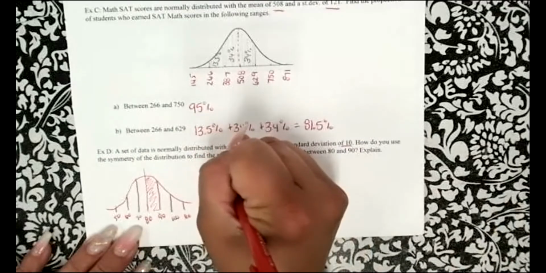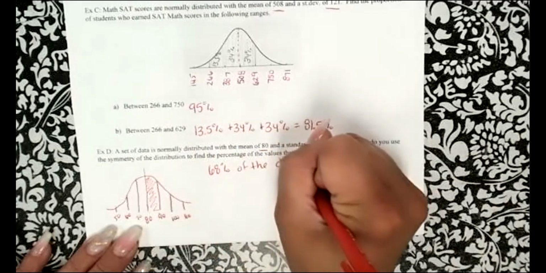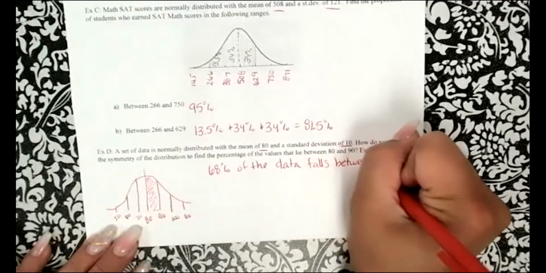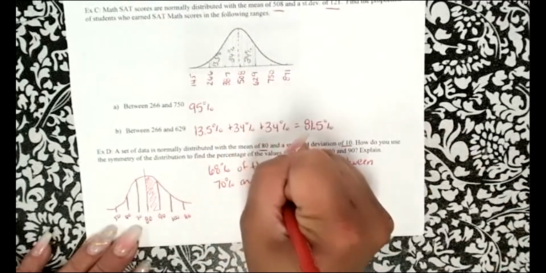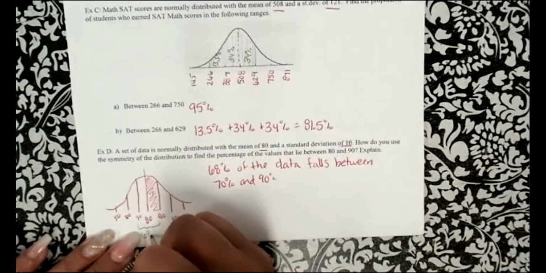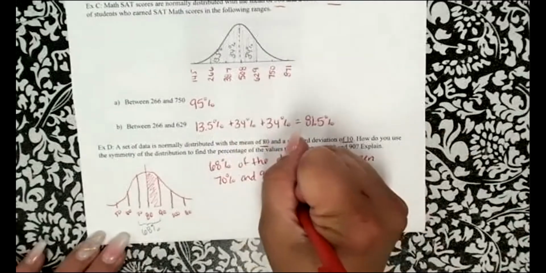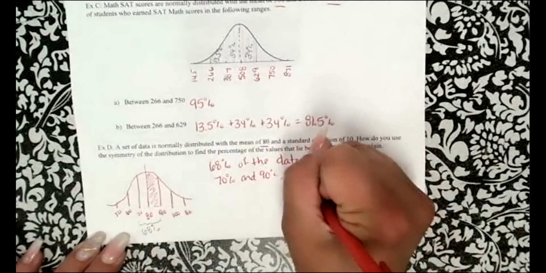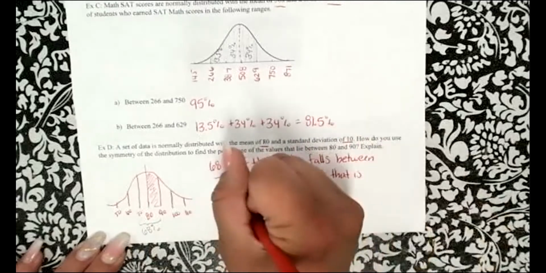So 68% of the data falls between 70 and 90, because remember, 1 standard deviation away is the 68% rule. And I only want half of that. Half of that is 34%.